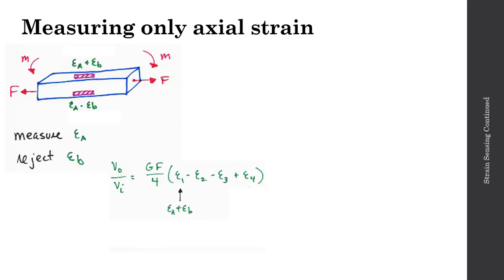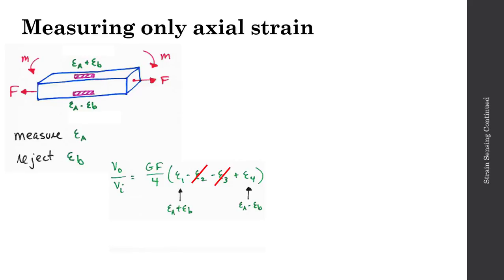So what we'll do is configure our bridge such that epsilon sub 1 is equal to epsilon sub A plus epsilon sub B, and epsilon sub 4 should be equal to epsilon sub A minus epsilon sub B. In this setup, we only have two strain gauges, so at the same time, we could set epsilon sub 2 and epsilon sub 3 equal to 0.